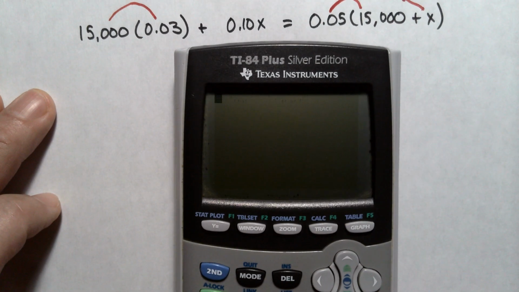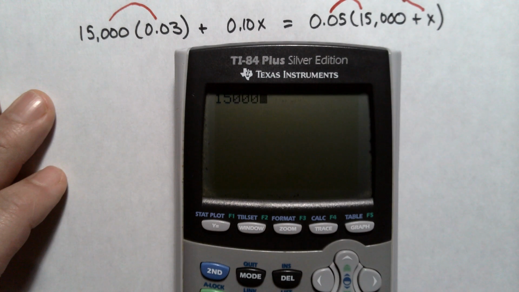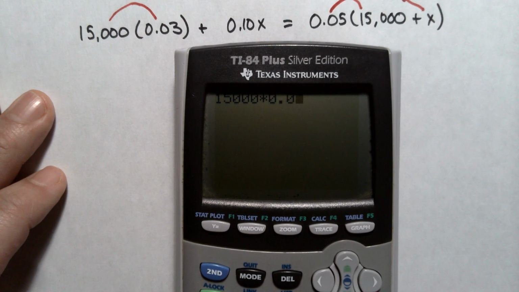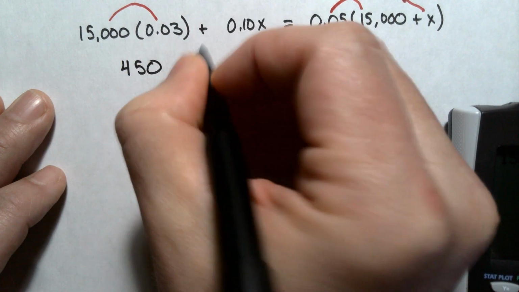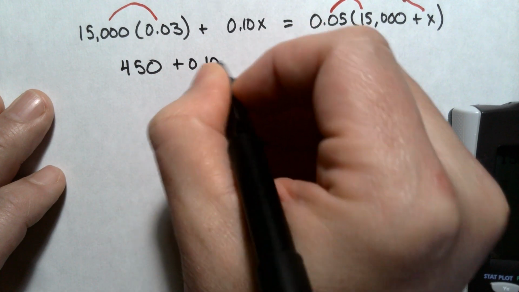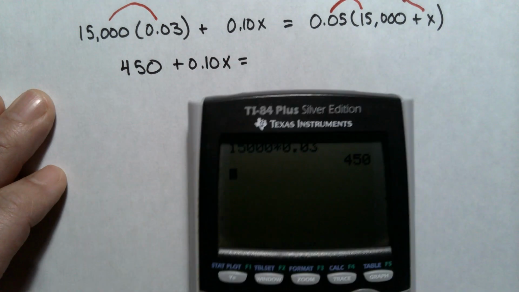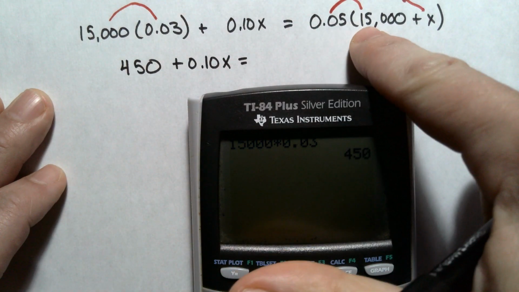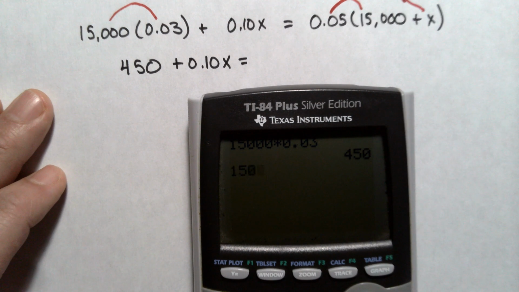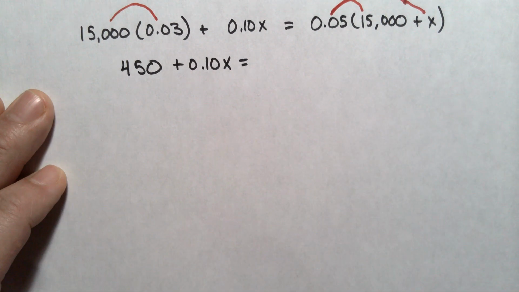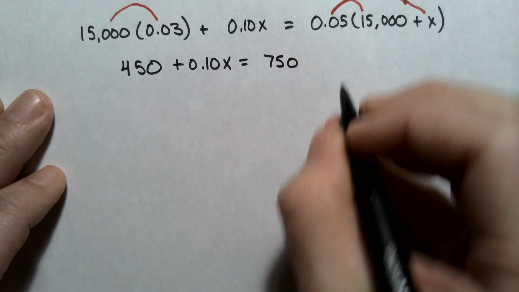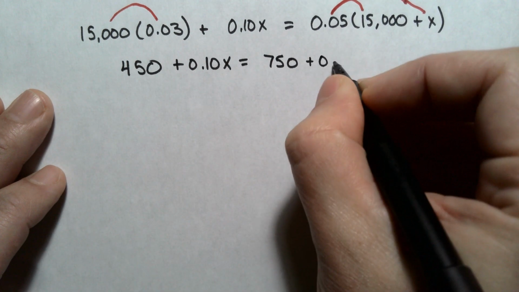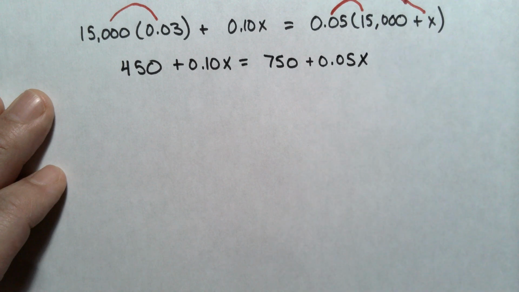Here's my calculator. Let's see, what is 15,000 times 0.03? That's 450. So there we go. And then plus 0.10x equals, and now let's do this multiplication, 0.05 times 15,000 is 750. Okay, so 750, and then distribute it to the x, and it just becomes 0.05x.